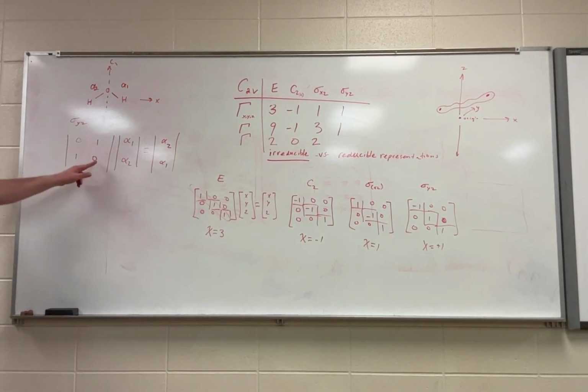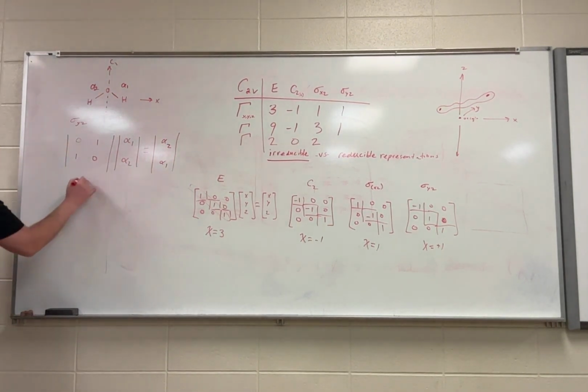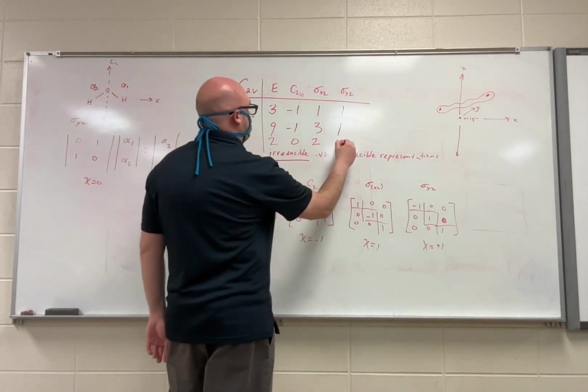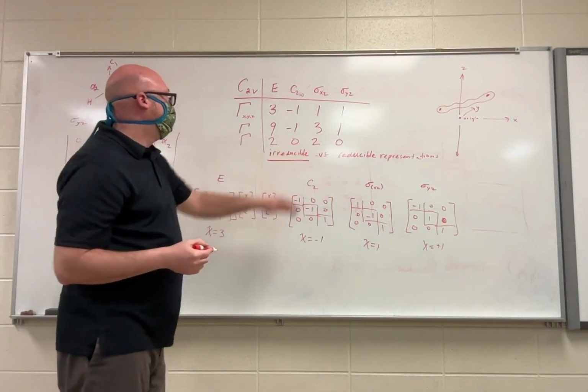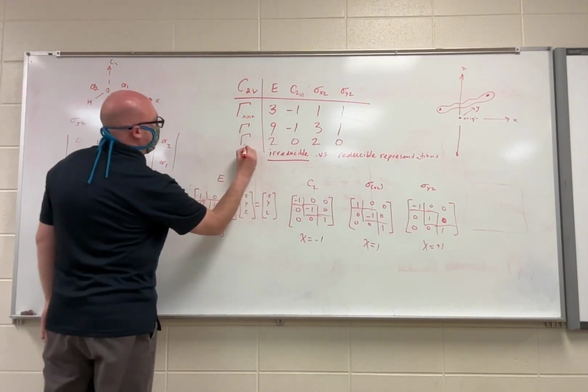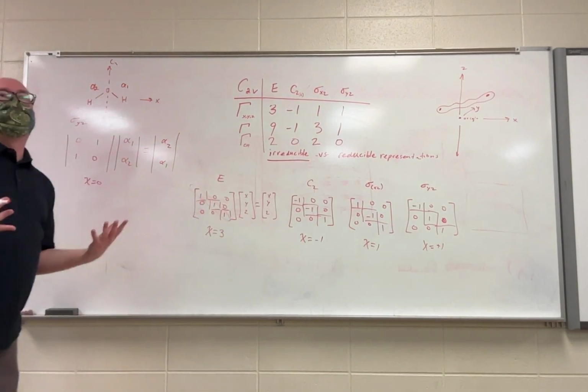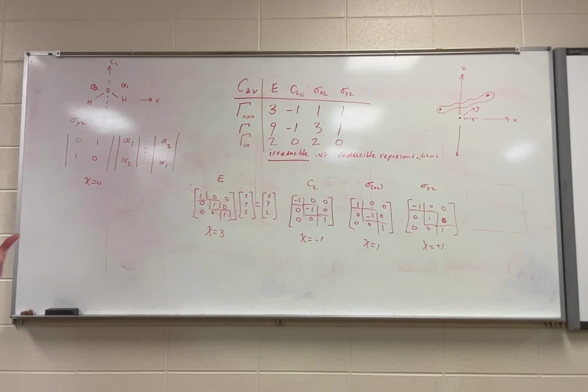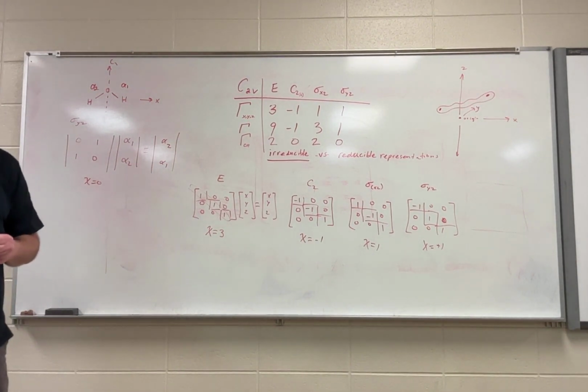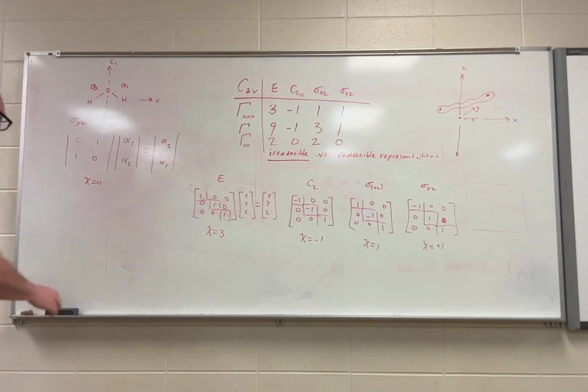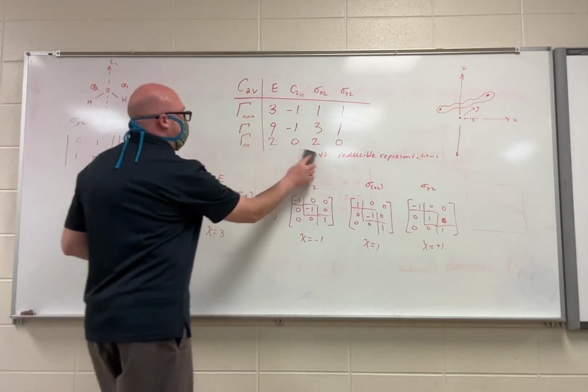The sum of the terms on the diagonal is 0. So the character is 0. And then that completes the representation where I use the OH bonds as a basis for constructing the representation. Okay? Let's erase this.